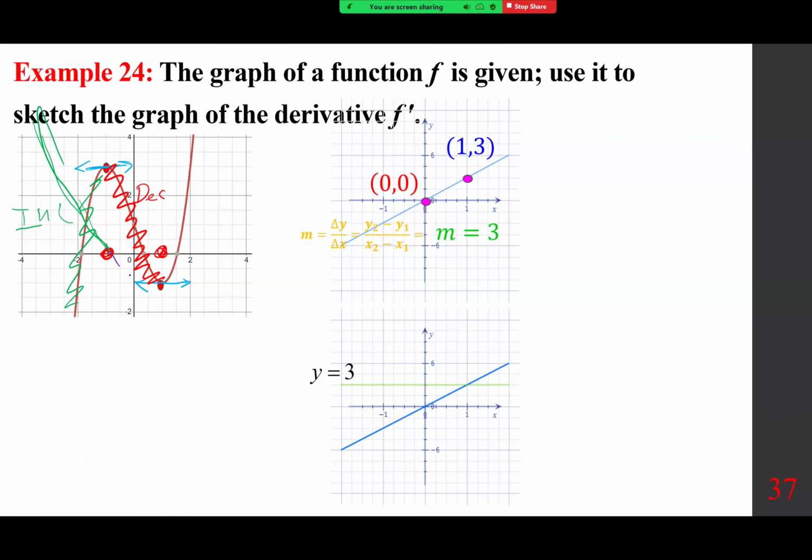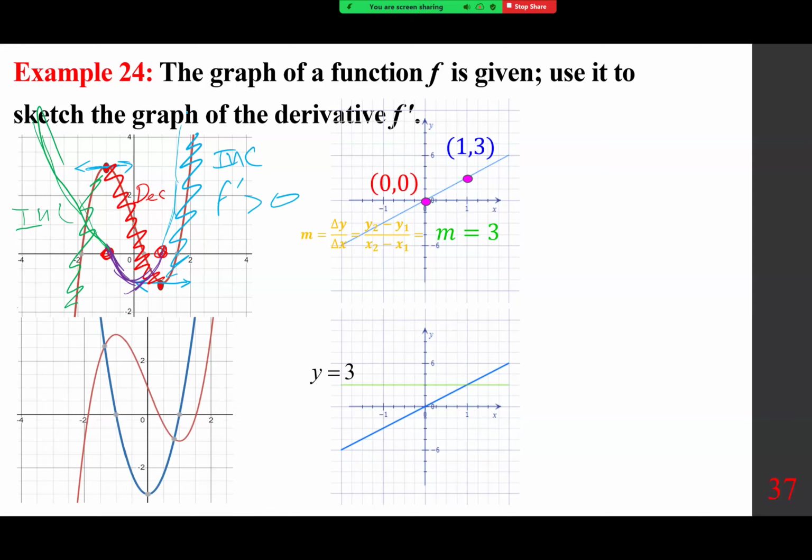So it goes below the x-axis, but it has to come back up. This portion is increasing, which means f prime is positive. So it has to come back up. So that's why we get the graph as follows.